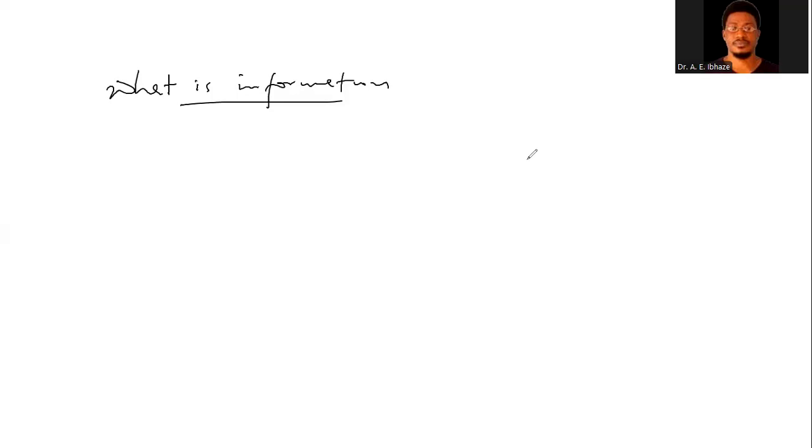Because we've seen that information is different from the message, right? We just mentioned that if we have the message bit K, the information is contained in this message bit K or message symbol. So what is information?